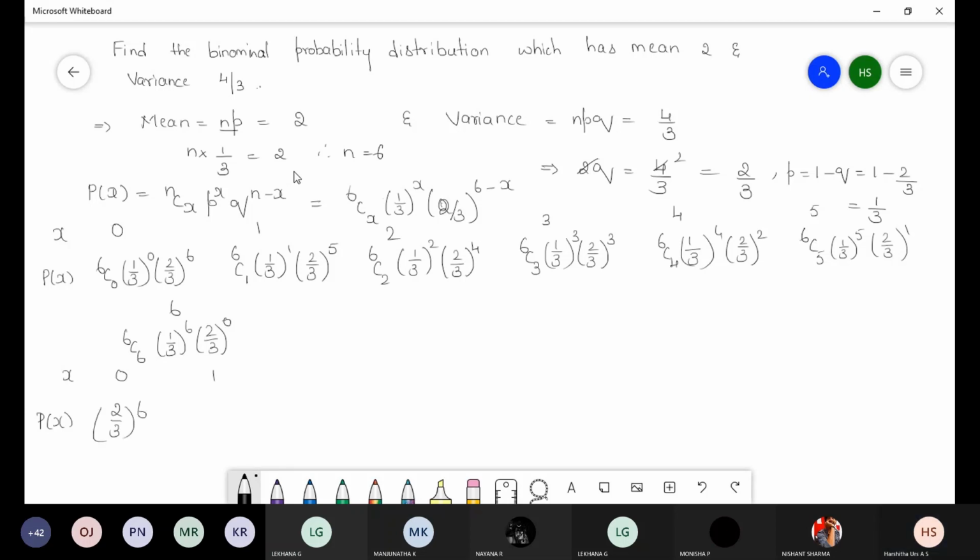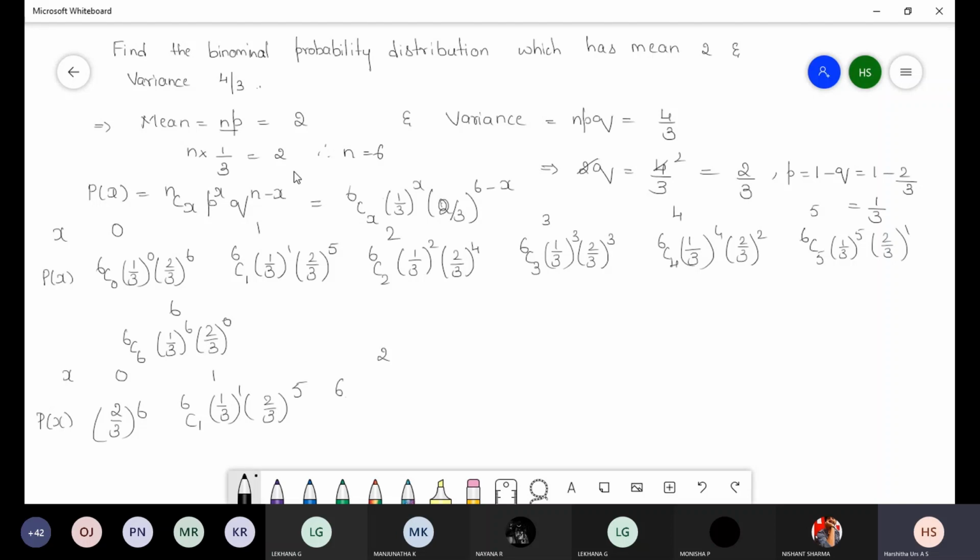Next, here also same thing we can write 6C1, 1/3 whole power 1, 2/3 whole power 5. If you want, you can do the simplification, or else you can leave writing the same thing.